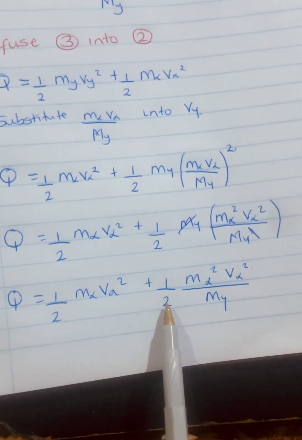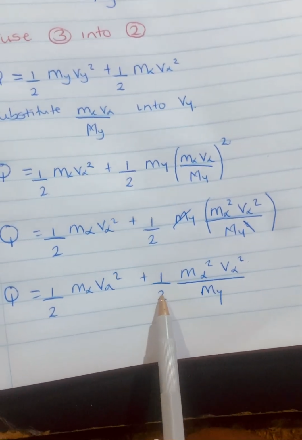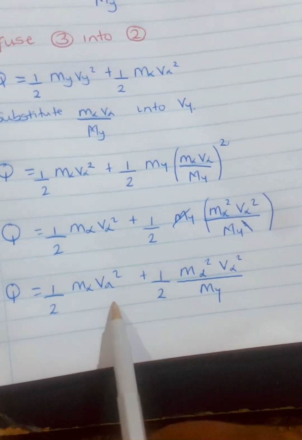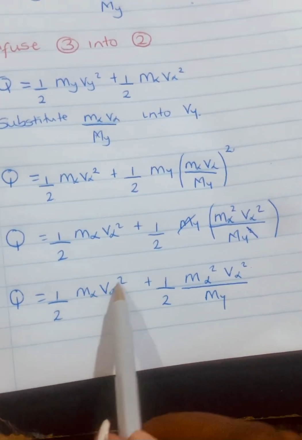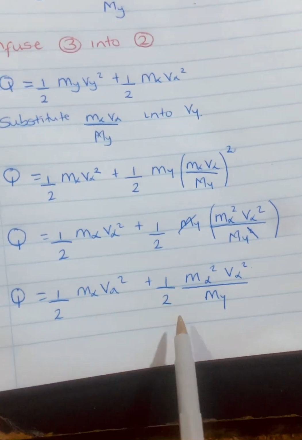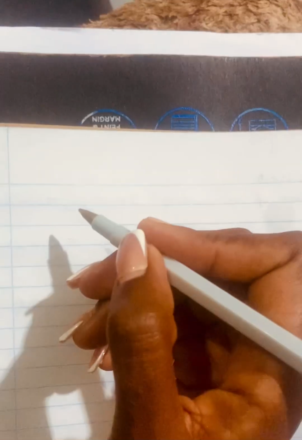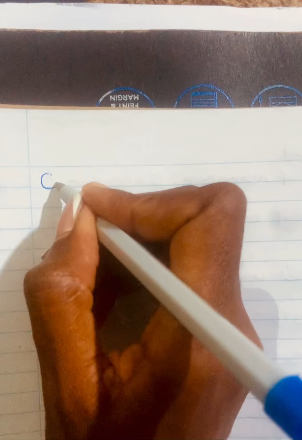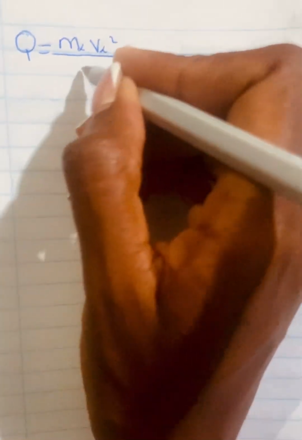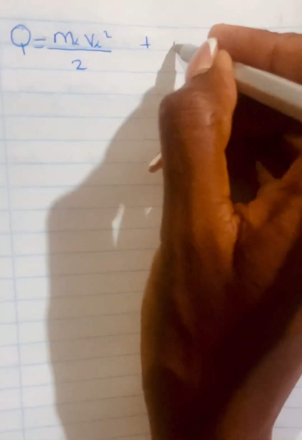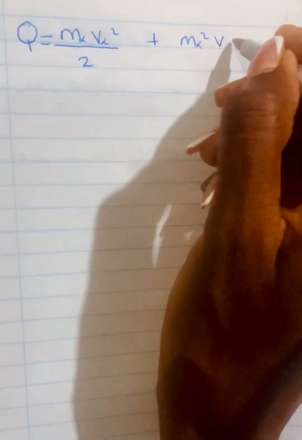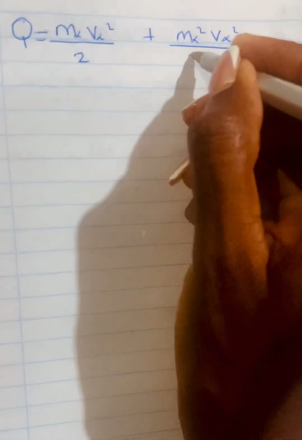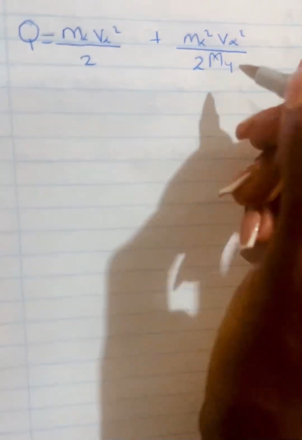So I'm going to multiply 2 and m_Y so that it remains as 2 m_Y, and I'm going to simplify the fractions. This then becomes Q equals m_alpha v_alpha squared over 2 plus m_alpha squared v_alpha squared over 2 m_Y.